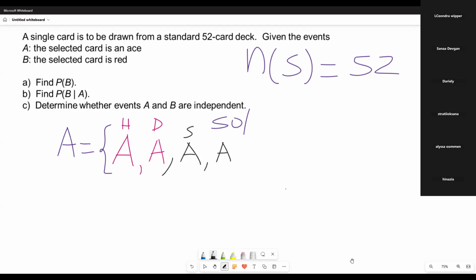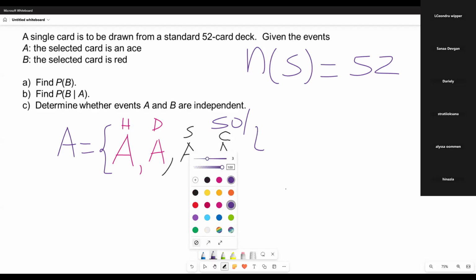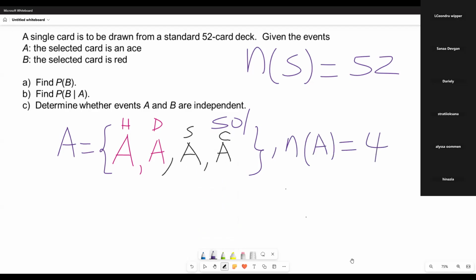Anyone? You've got ace of heart, ace of diamond, ace of spade, okay, ace of club. So here you have N of A equals 4. Got it?